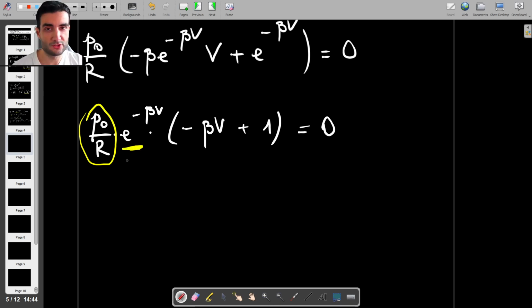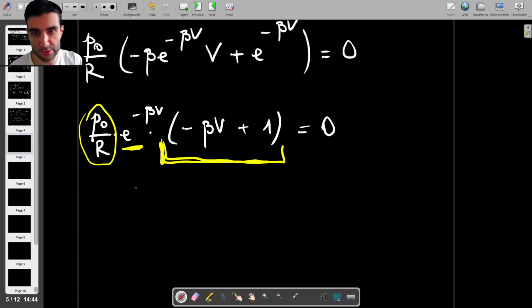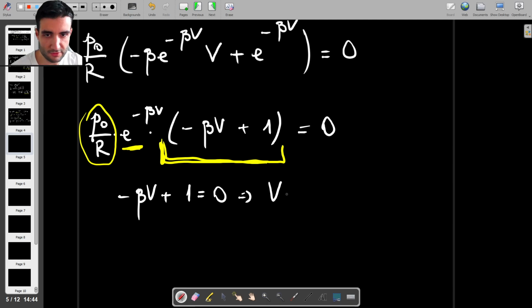This should be 0, which again is not true. Exponentials are never equal to 0. So the only way in which this makes sense is if the bracket is equal to 0. So we have minus beta times V plus 1 is equal to 0, which means that V is 1 over beta.